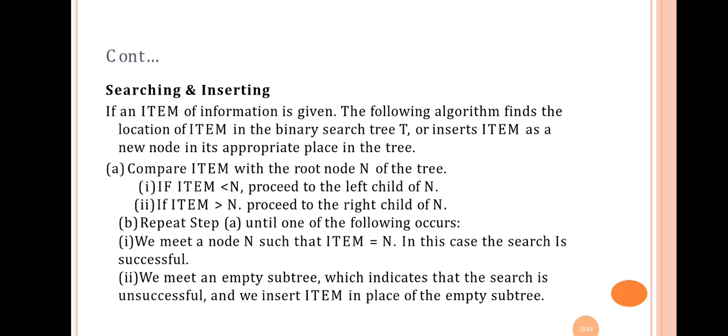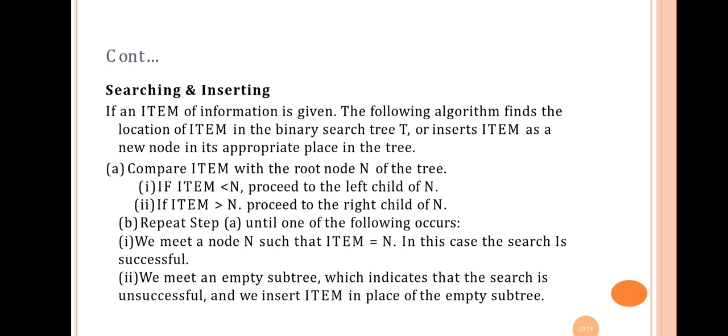So, searching and inserting. If an item of information is given, the following algorithm finds the location of the item in the binary search tree, or inserts the item as a new node in the appropriate place in the tree. First it will compare the item with the root node n of the tree. If the item is less than n, it proceeds to the left child of n.